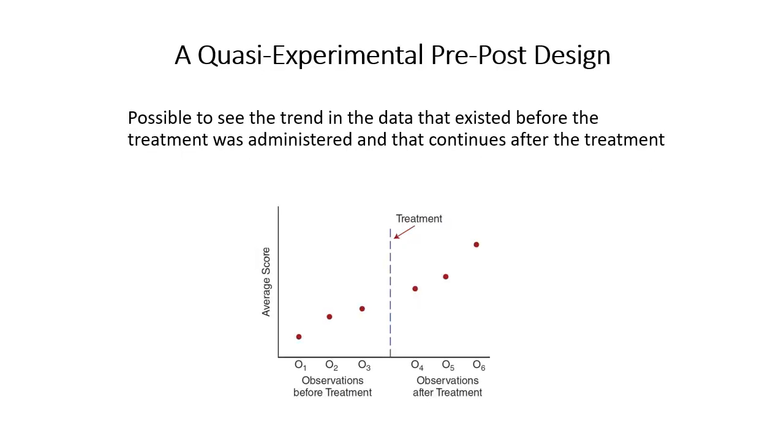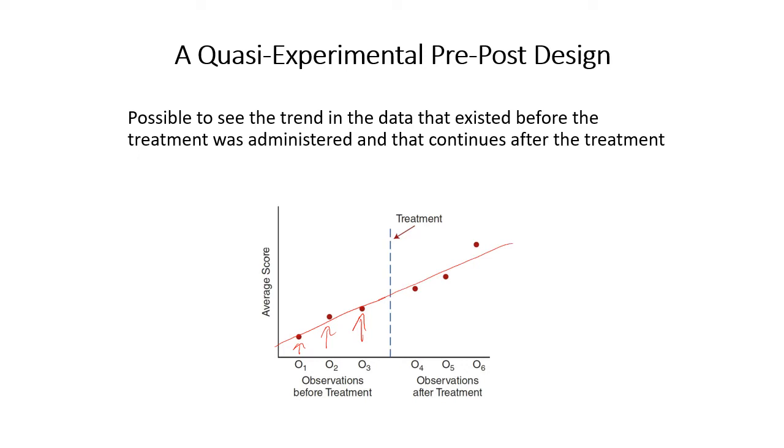For instance, it's possible to see trends in the data that exist before treatment was administered. If you make multiple different observations before treatment, we got 3 different observations here before treatment, you see that there's a general trend going up. So if you didn't administer the treatment, you would expect, if that is the case, for it to keep going like that.